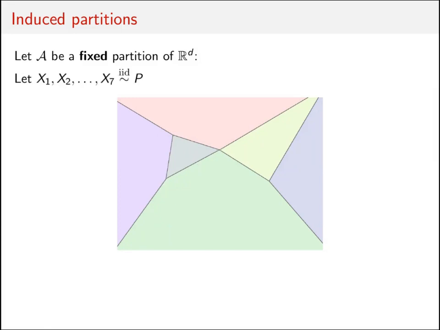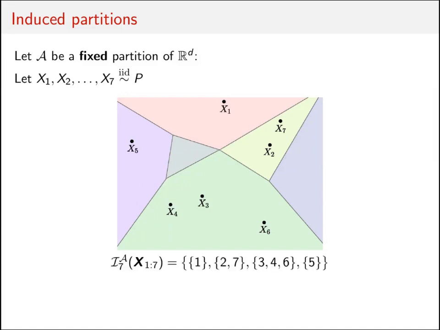And now we take IID data and partition them according to this initial partition of the observation space. Obviously I can read these partitions as, okay, 1 is in one cluster, those 3, 4, 6 are in the other, and so on. This is something I will call induced partitions. They are induced by some a priori chosen partitions of the observation space.